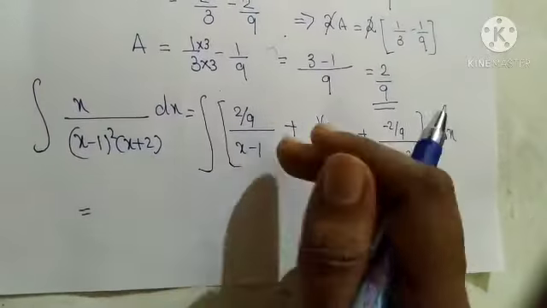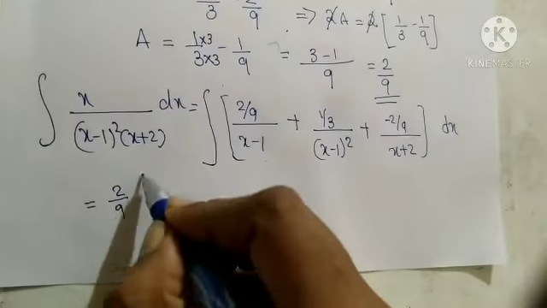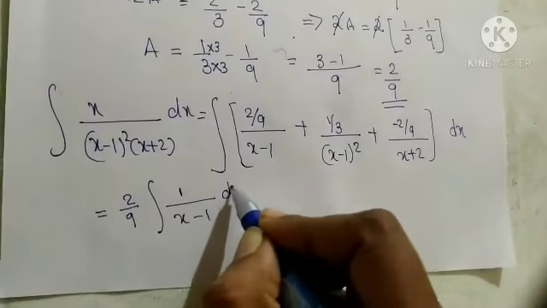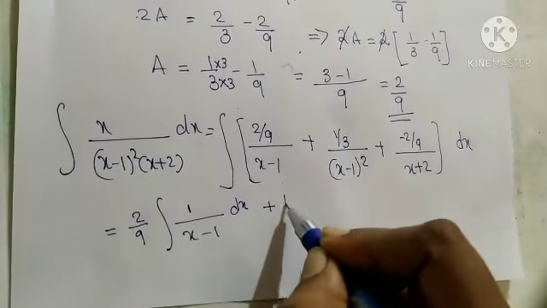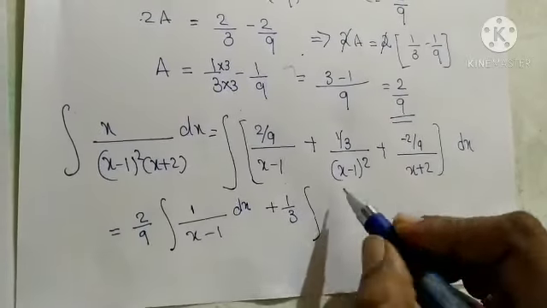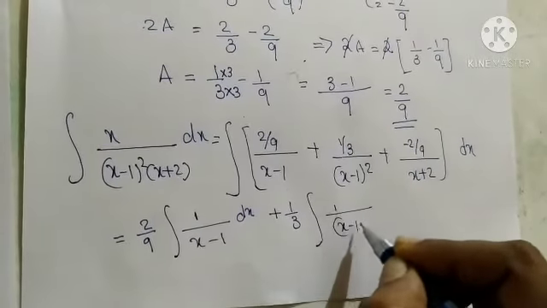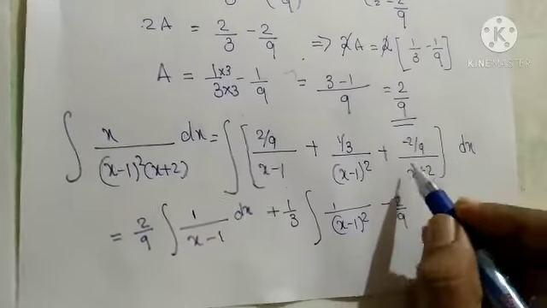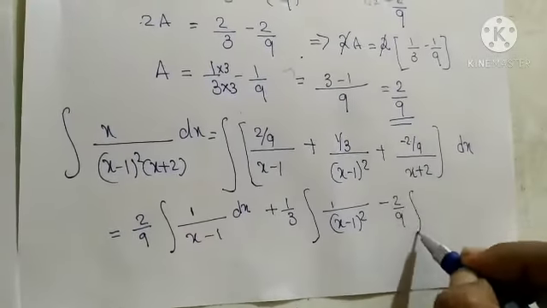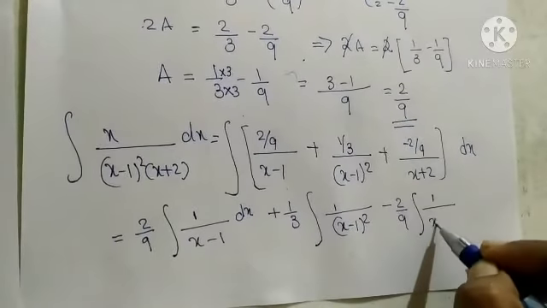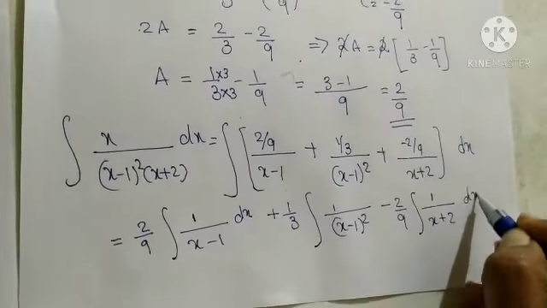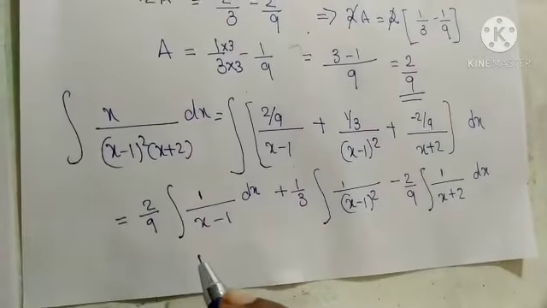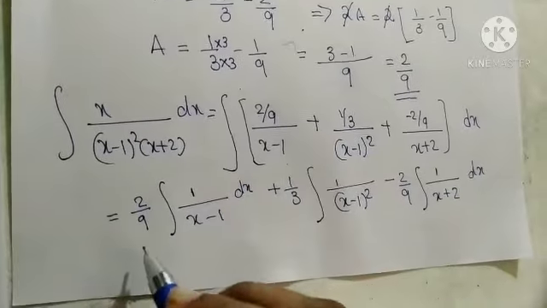First, 2 by 9 is constant, so taking it outside. The first integral is 1 divided by x minus 1 dx, plus 1 by 3 is constant, and the second integral is 1 divided by (x minus 1) whole square, minus, in the third integral, minus 2 by 9 is constant, so taking it outside the integral, and the next integral will become 1 divided by x plus 2 dx.